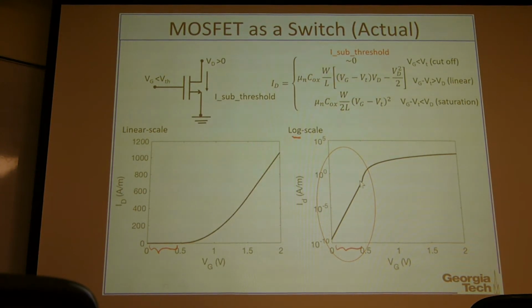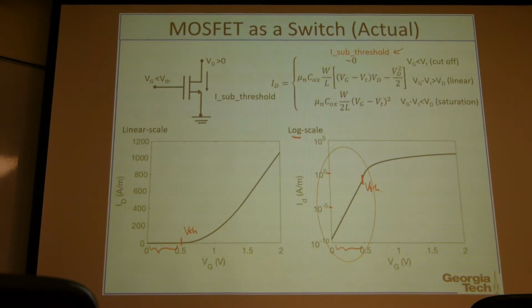Below the threshold, around here, this is the log scale. You see this is 5 orders of magnitude. So this is an exponentially small current. It's not zero, but it's very small, exponentially small. And we call this the subthreshold current.